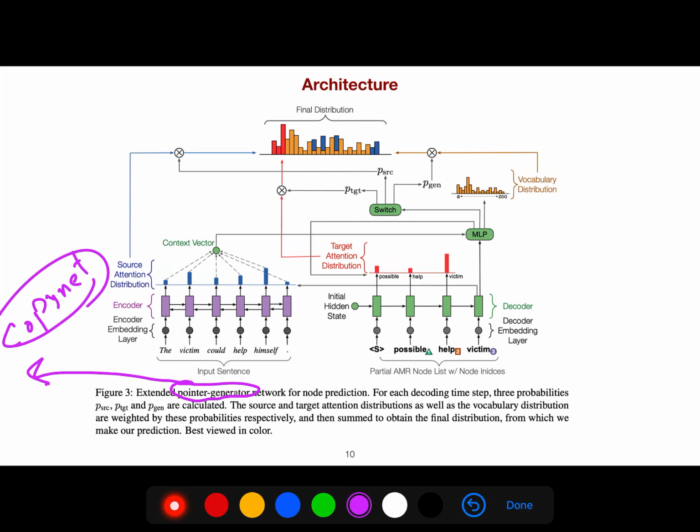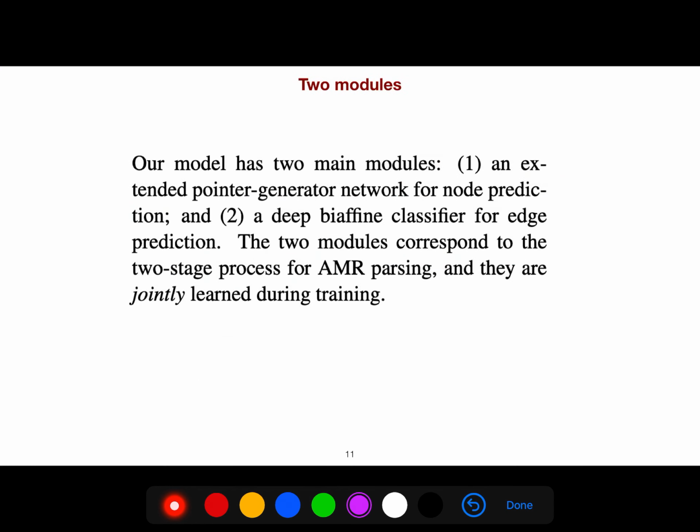Both of these models capture the fact that some of your words could be seen in the output, so we just copy them. And the rest of the words, such as 'possible', for example, are new, so they should be generated. So it's a combination of generation and copying mechanism. There are two models, as I said: a pointer generator to find the nodes, the concepts, and then a deep biaffine classifier, which finds the relations between two concepts.